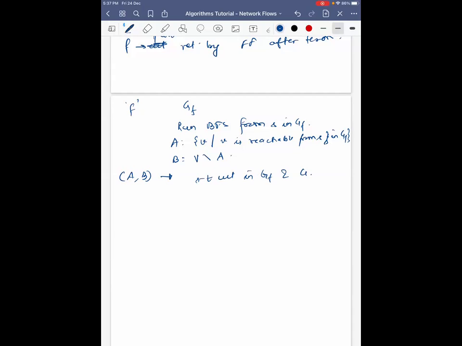Now, in order to show that this is indeed the min cut of G, what you need to do is simply show that the capacity of this cut is equal to the value of the flow F. So how do you show this?